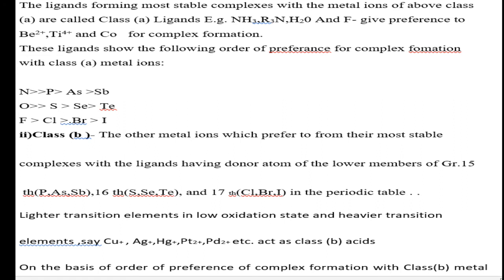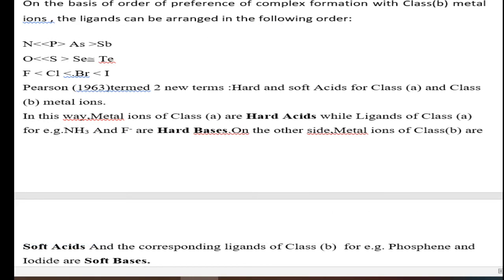On the basis of order of preference of complex formation with class B metal ion, ligands also can be arranged in the following order. Now you can see on the screen that the order has been reversed, which we saw for the class A metal ion. Pearson in 1963 gave two new terms, hard and soft acids, for class A and class B metal ion.